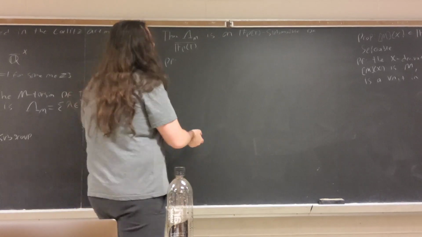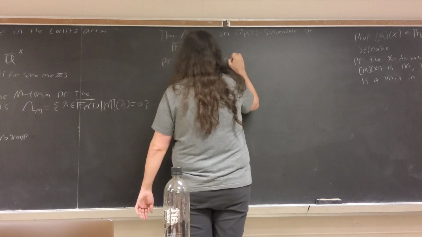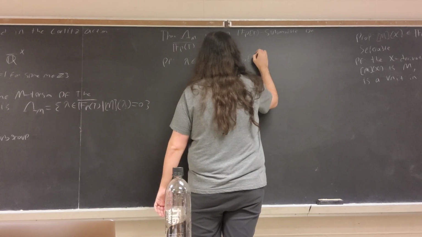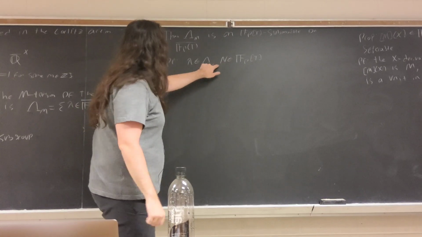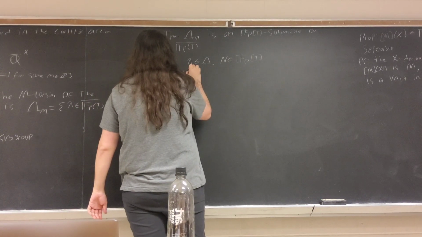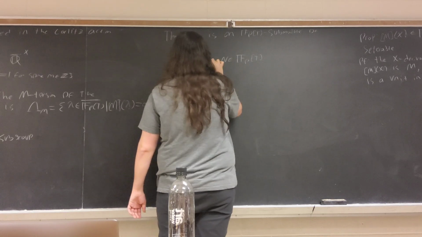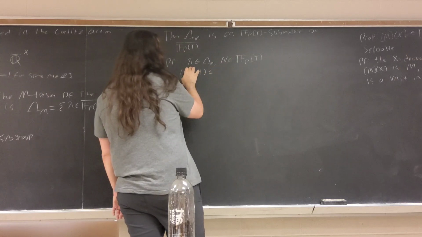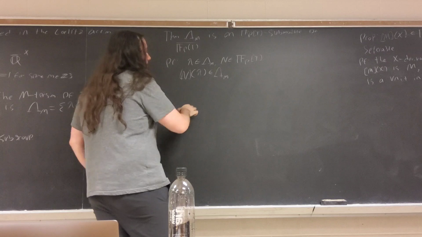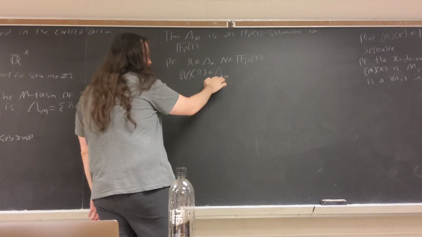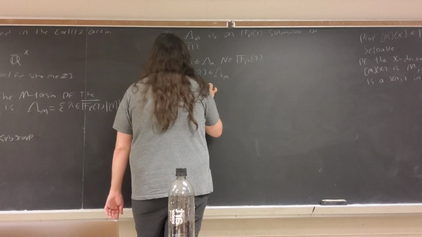That is saying that if we have some lambda in lambda M and act on this by n, we want this to stay in lambda M. And what does it mean to be in lambda M? It means that it's annihilated by M. So what we're asking is, is this 0?